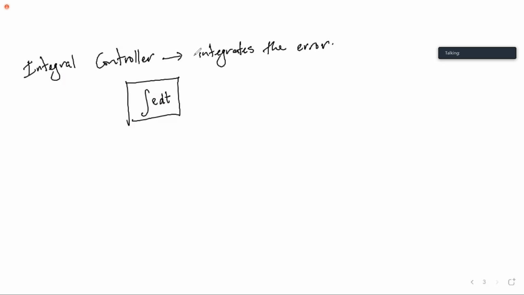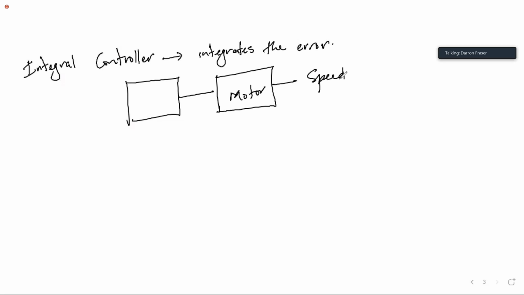All right. So let me go back to something here. And I need you to answer some questions so that we can gain some understanding. So let us say that your plant now is a motor. And the output that you want is the speed. So you want the motor to be at 1,000 RPM.